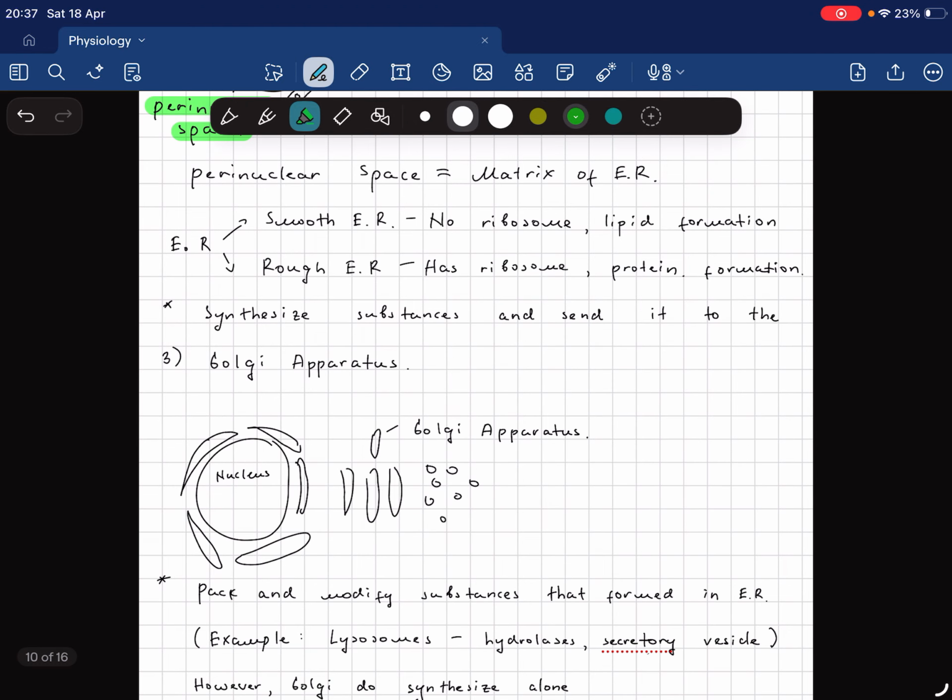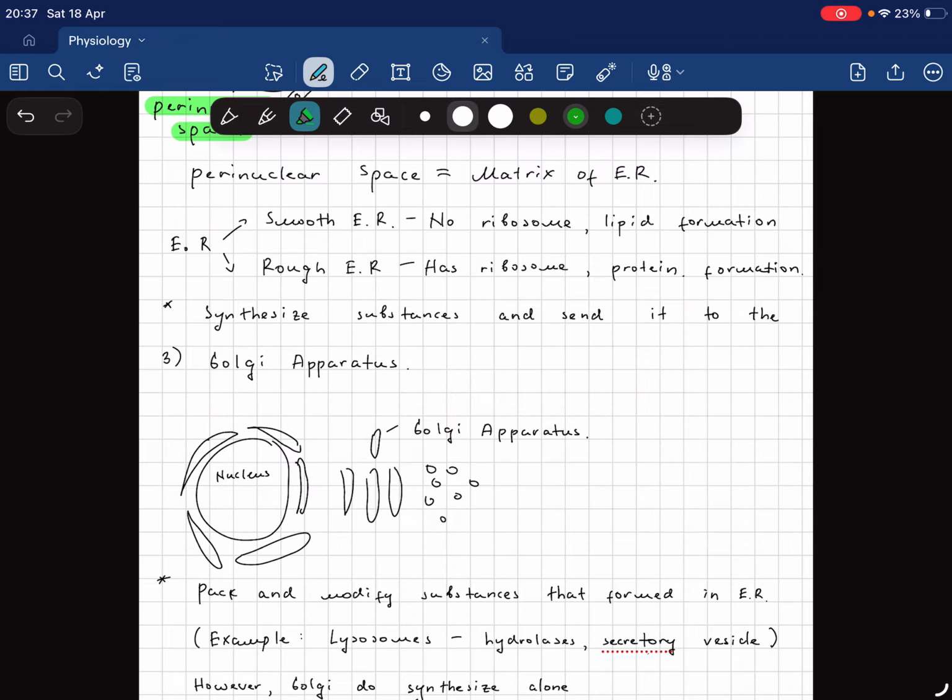In the endoplasmic reticulum, you have two types. The inner one is called rough or granular endoplasmic reticulum, and the outer one is called smooth endoplasmic reticulum. The difference is that ribosomes are only on the rough endoplasmic reticulum.